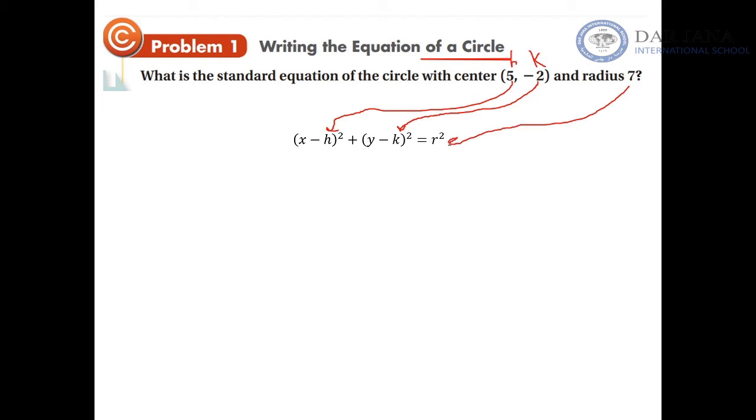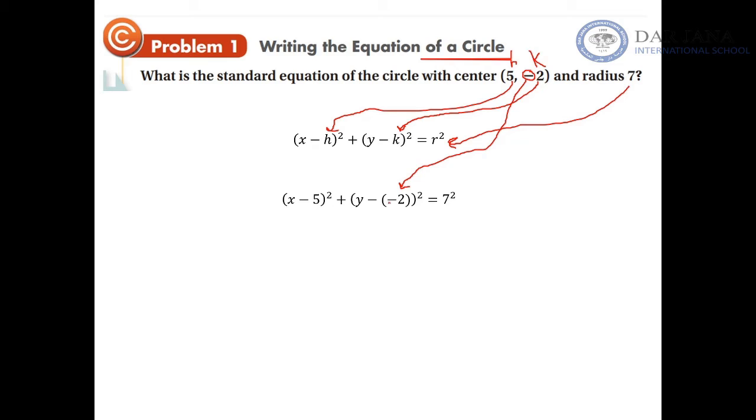I will get the following equation: x minus 5 squared plus y minus negative 2 squared. As you can see, since k is negative, when I replaced it, I put it inside parentheses. The first h is positive, so I don't have to put it, but if you like to keep it as good practice, it's your choice.